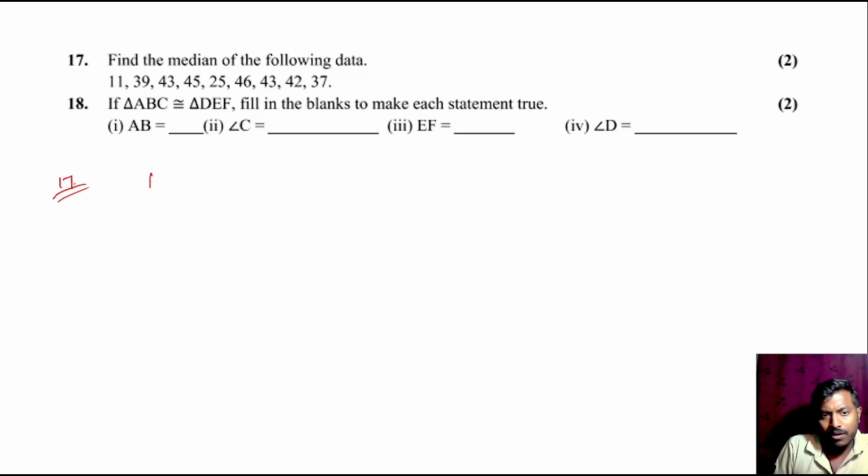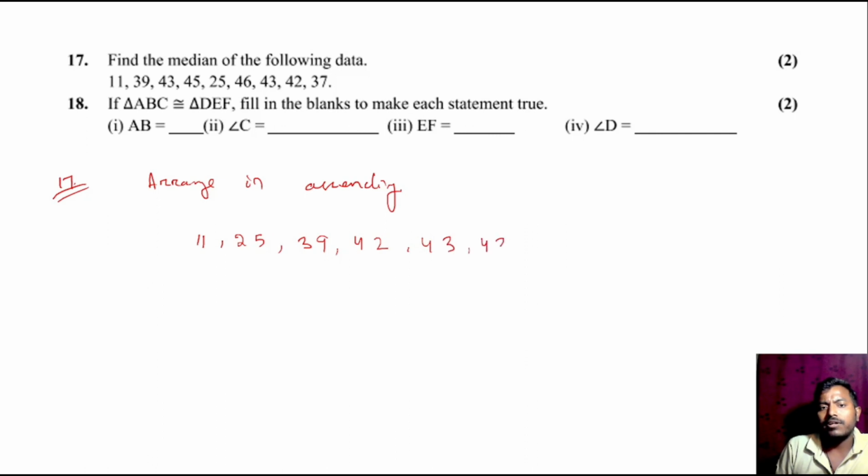First write down in ascending order: 11, next 25, next 37, 39, 42, 43, 43, then 45, 46. Okay, count: 1, 2, 3, 4, 5, 6, 7, 8, 9.